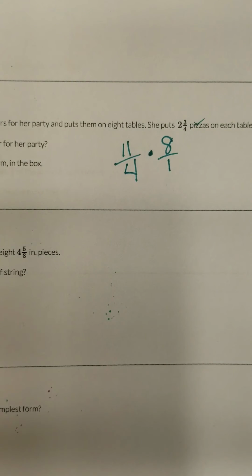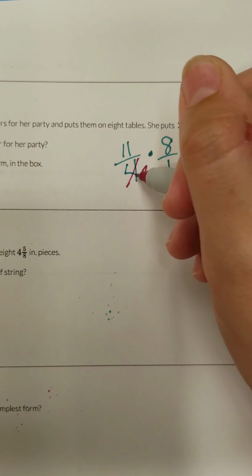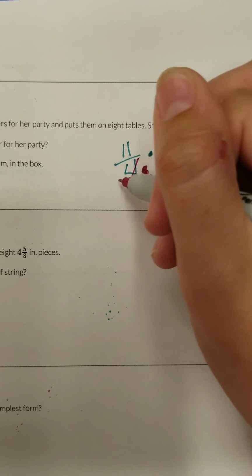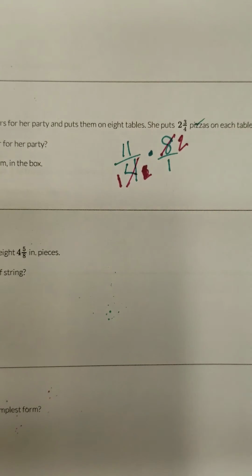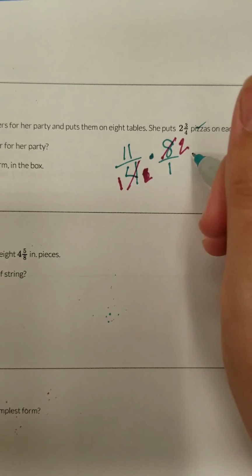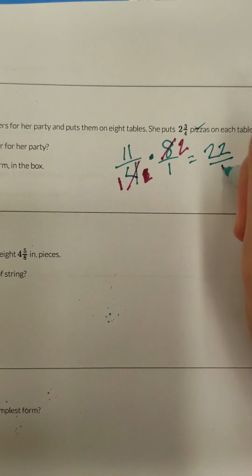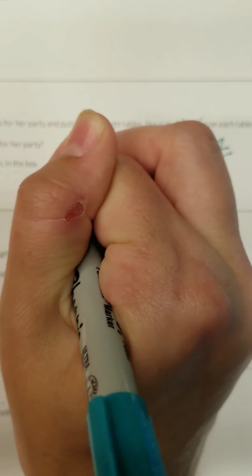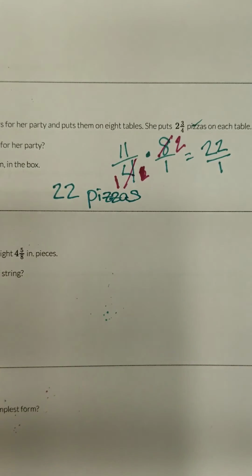The first thing I want to look at is see if I can simplify. These can both be divided by 4, so that's actually going to be 1. 8 divided by 4 is 2. Multiply straight across the top. 11 times 2 is 22. 1 times 1 is 1. So she ordered 22 pizzas.